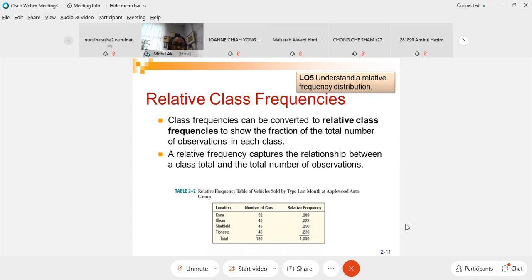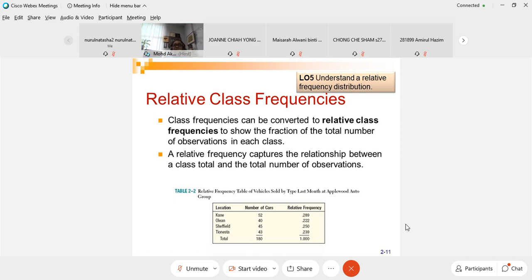Then the next, 0.250, we get from 45 divided by 180. And the last one, 0.239, we get from 43 divided by 180. So the total sum of relative frequency should be 1.0.